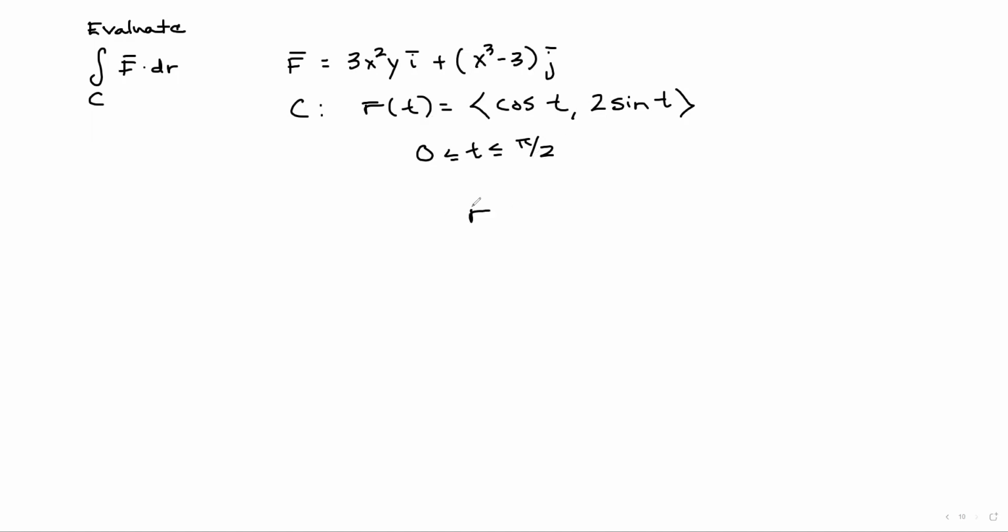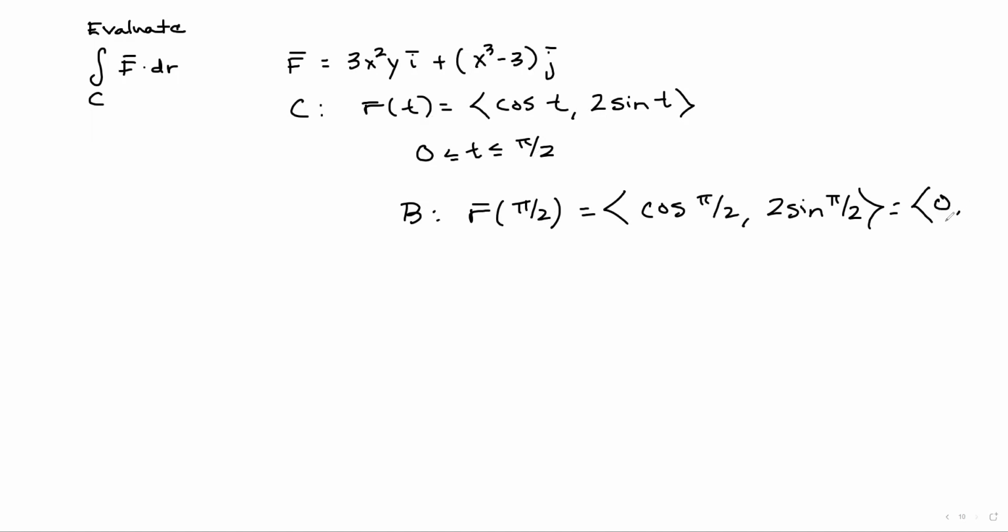So we're going to have r of pi over 2. This is going to get me point B. That is going to equal cosine of pi over 2, comma 2 sine of pi over 2. Cosine of pi over 2 is 0, and sine of pi over 2 is 1, and 1 times 2 is 2.